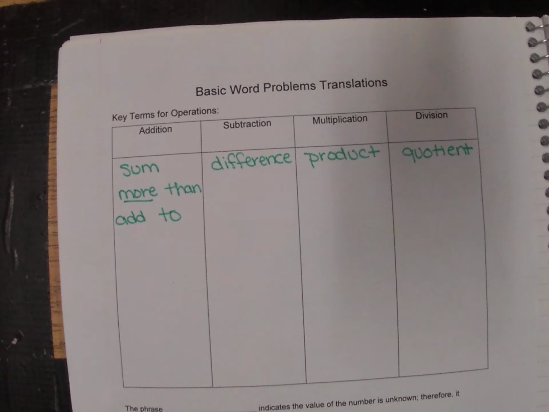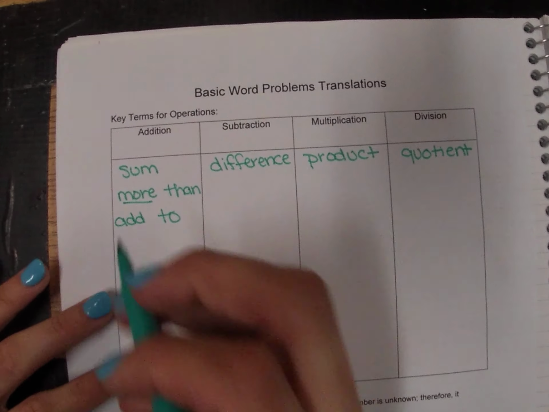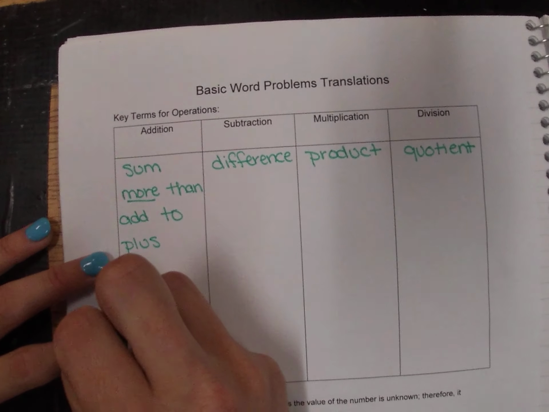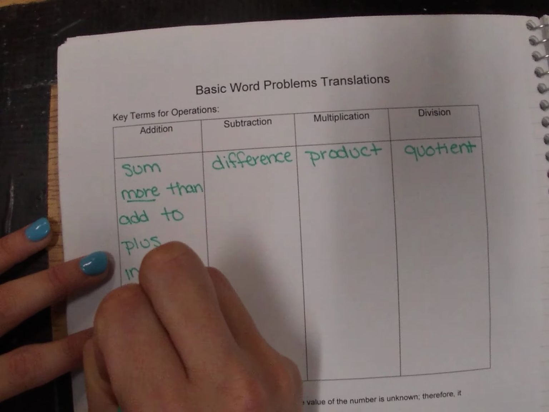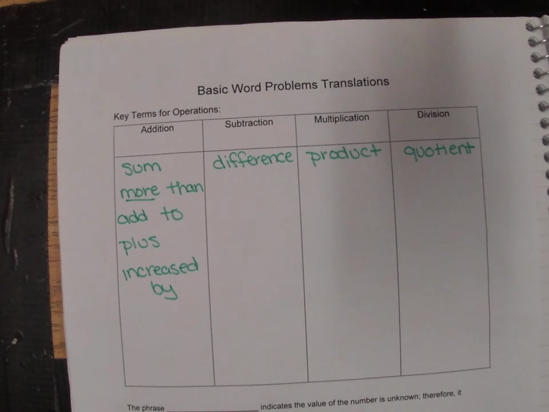So just always keep in mind that even though I might not write every single one of those things down, more than, greater than, larger than, more ginormous than, all of those are fine. Okay, plus, increased by, okay, so any of those are fair words to use for addition.